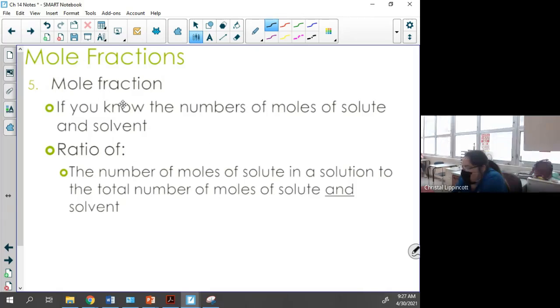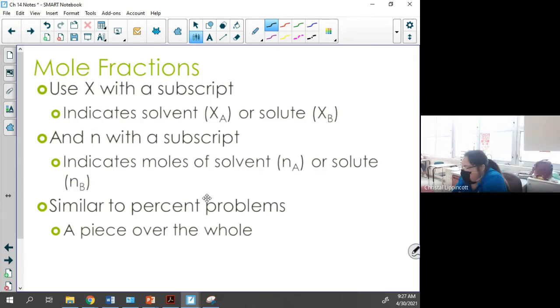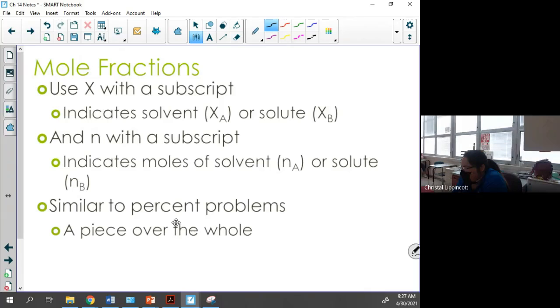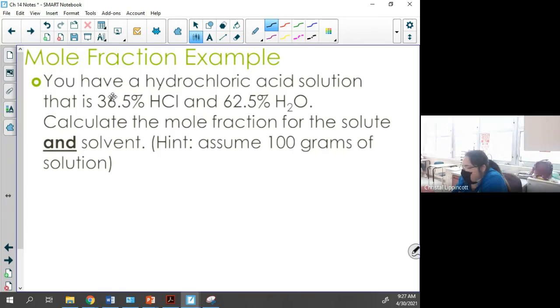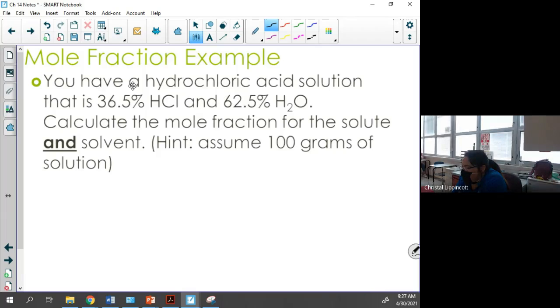So then the last one is mole fraction. This is going to be the moles of the solute and the solvent divided by the total mole amounts. Sometimes they use X's or little n's. It doesn't really matter. It's not a big deal. All right. So first of all, we've got our hydrochloric acid here, and we've got 36.5% hydrochloric and 62.5% water.